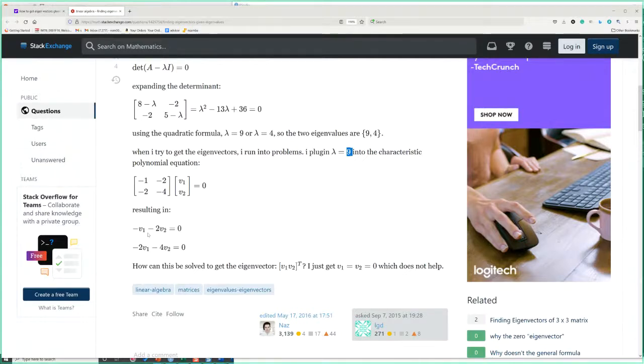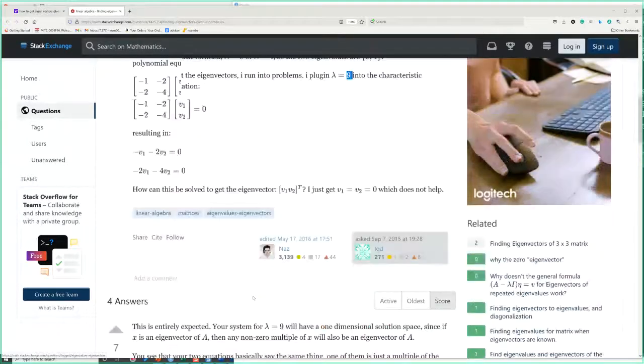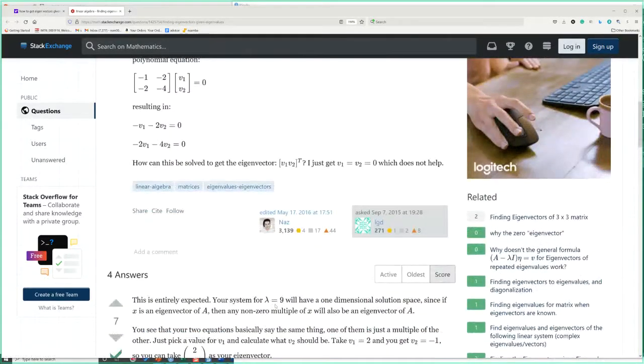You cannot determine the other one, it is automatically dependent on the first one. That's the point. So you take any number, then you get the corresponding V2 value. In this case, it is for the 9, because we started this equation with the 9, right?